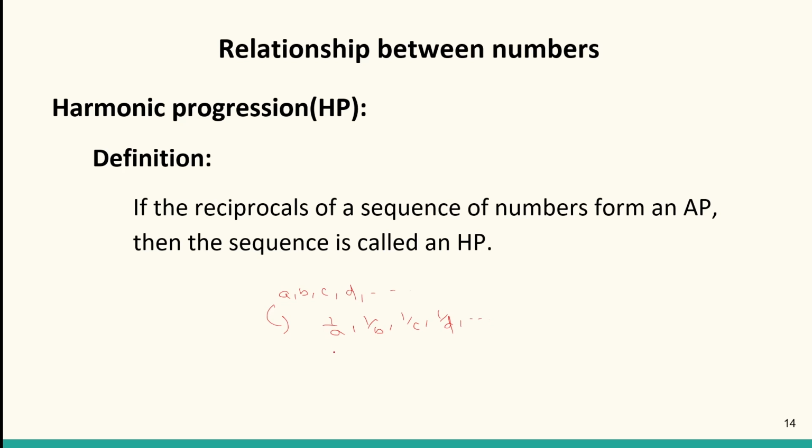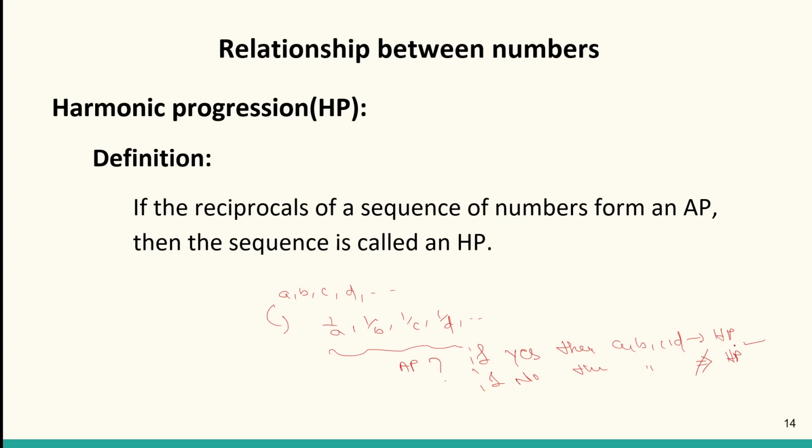Then you check if these are in AP. If yes, then A, B, C, D are in HP. If no, then this is not in HP.